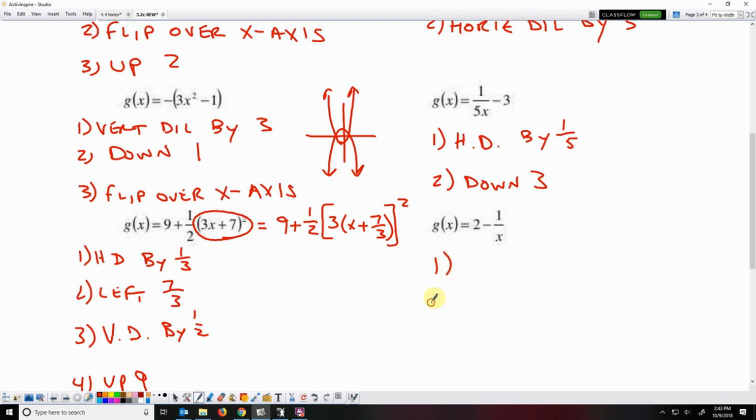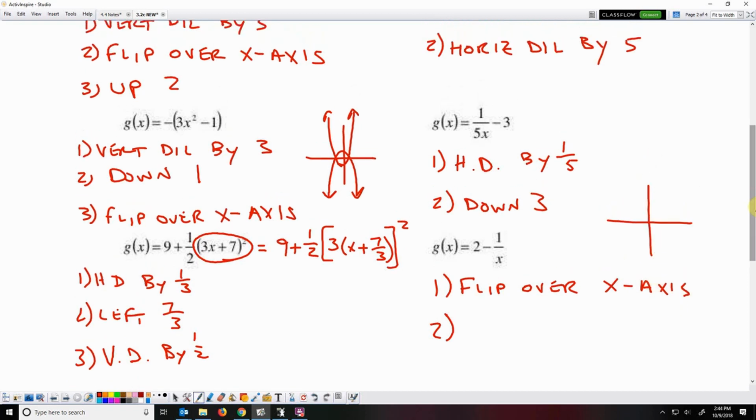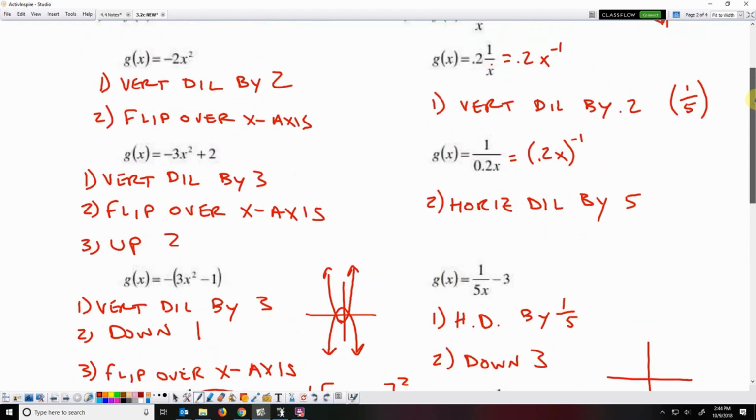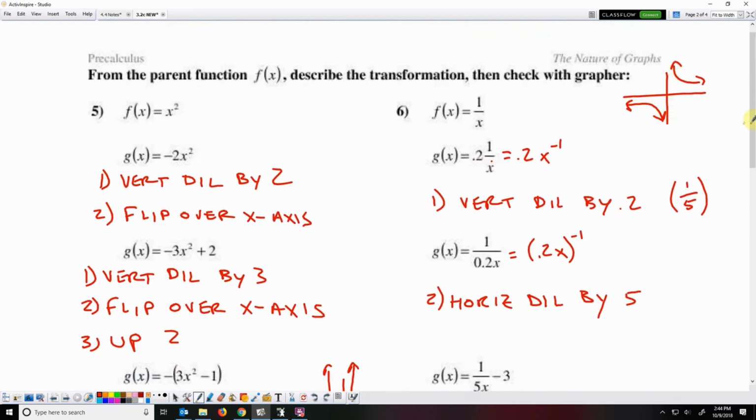And here I see two things happening. Nothing is inside the function, so there's nothing in there. But if I move my way out, I see that it's being multiplied by a negative. So that is a vertical reflection, which means it's going to flip over the x-axis. Okay, so it used to look like this, the original.